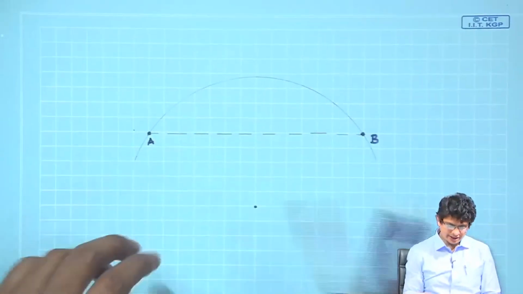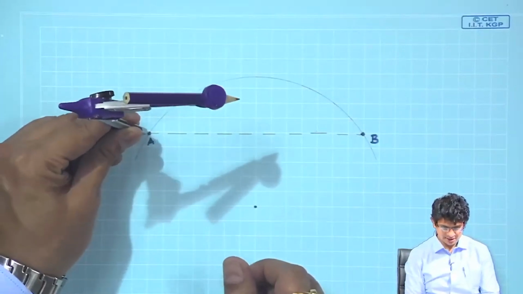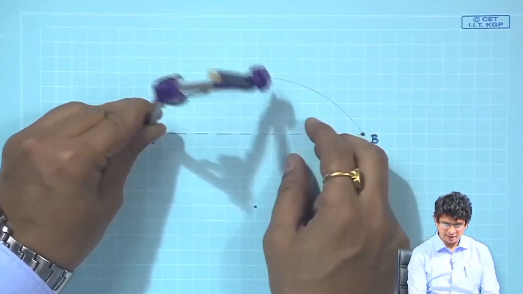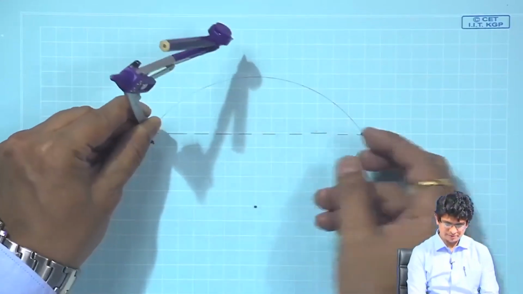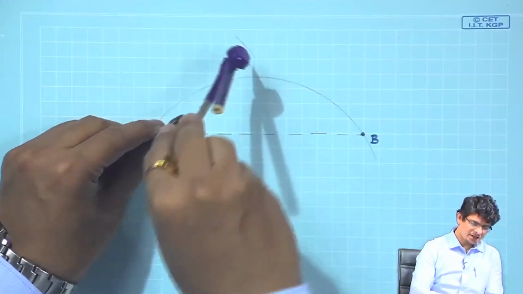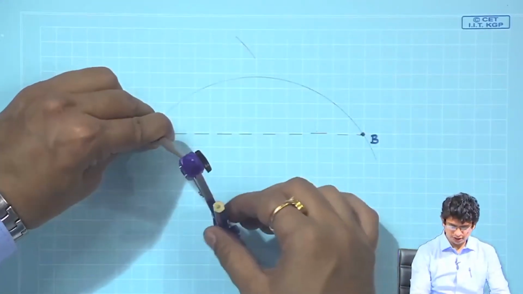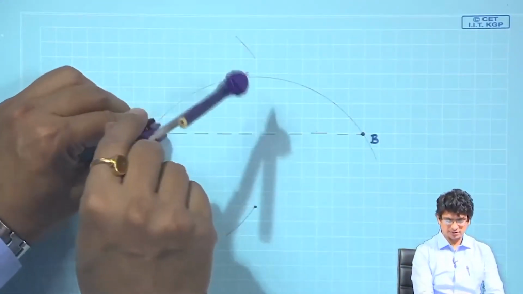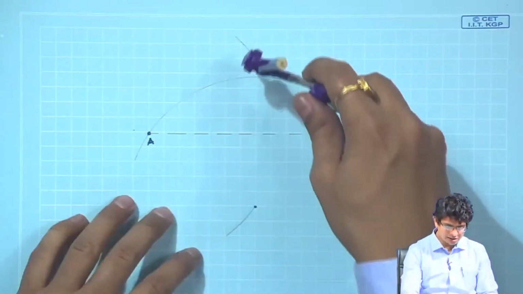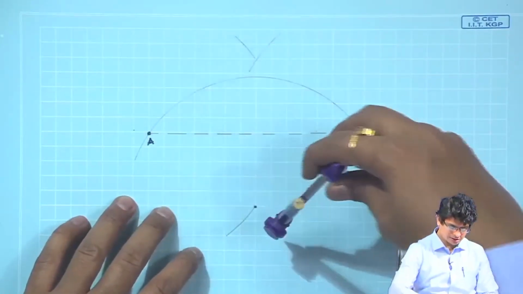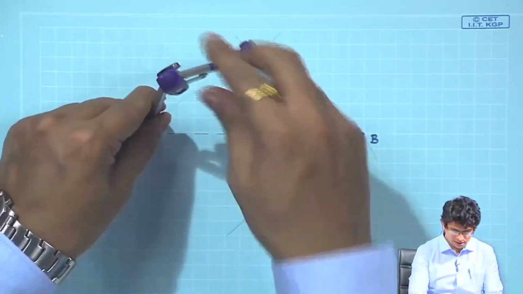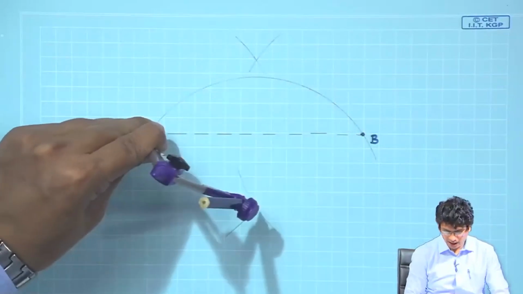Now, pick a radius greater than AB distance, perhaps this one is going to work. Pick center A, draw an arc on both sides. Similarly, pick center B and draw arcs that cut the original arc.